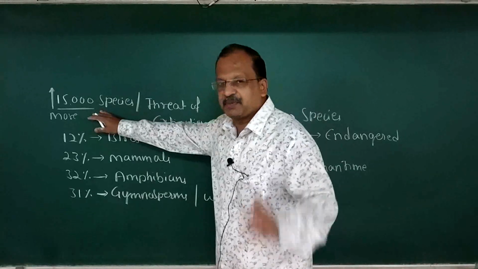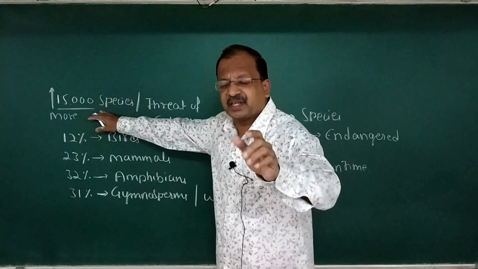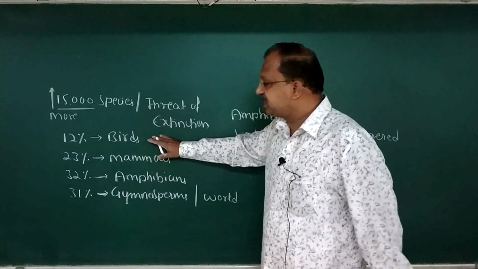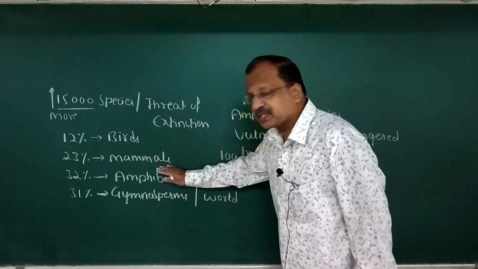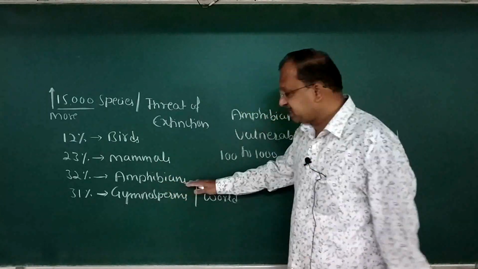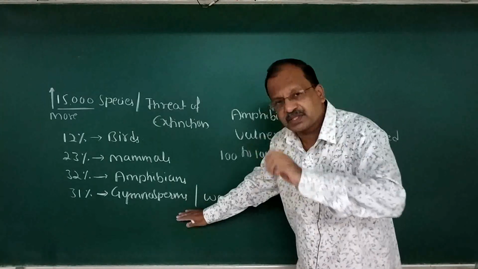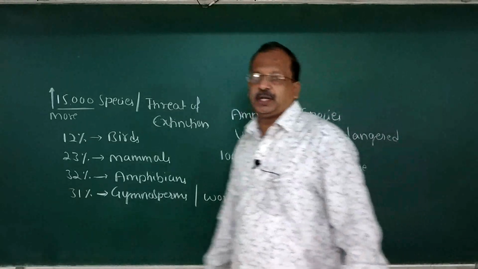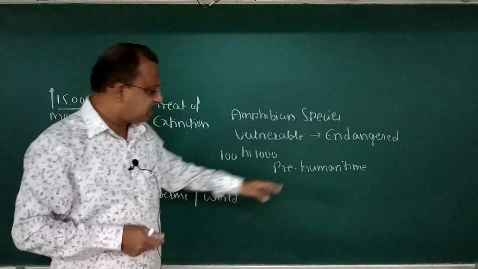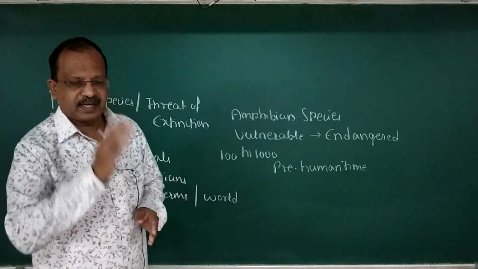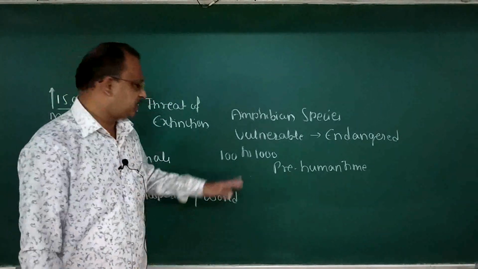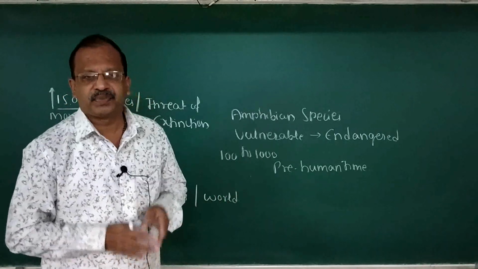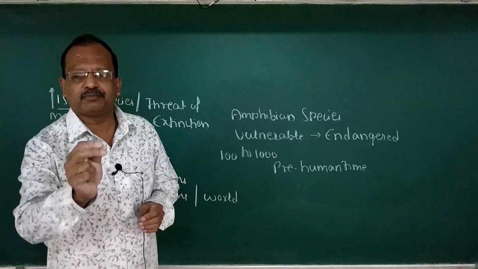Around 15,000 species are facing the threat of extinction worldwide: 12% of birds, 23% of mammals, 32% of amphibians and 31% of gymnosperms.